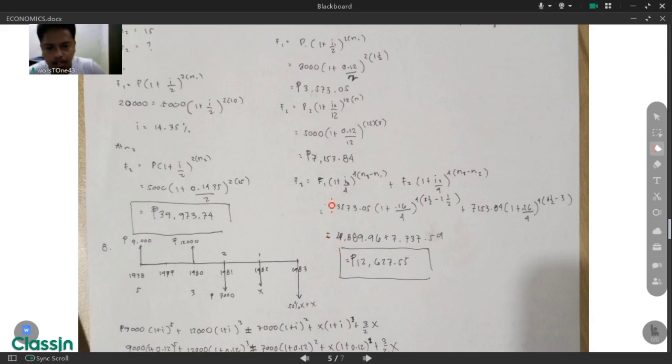So we have F1, the future worth, 3,573.05, plus the second term. The interest rate we will be using for today is already 16%, for the third frame, compounded quarterly.